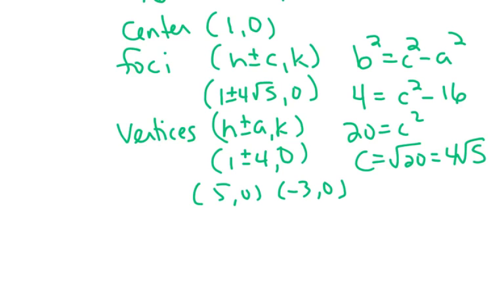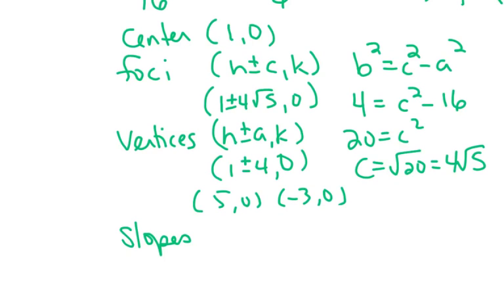And the only other thing that we really want to know is the slopes of the asymptotes, not the equation of the asymptotes. I've already messed this up because the foci are not where I said they were.